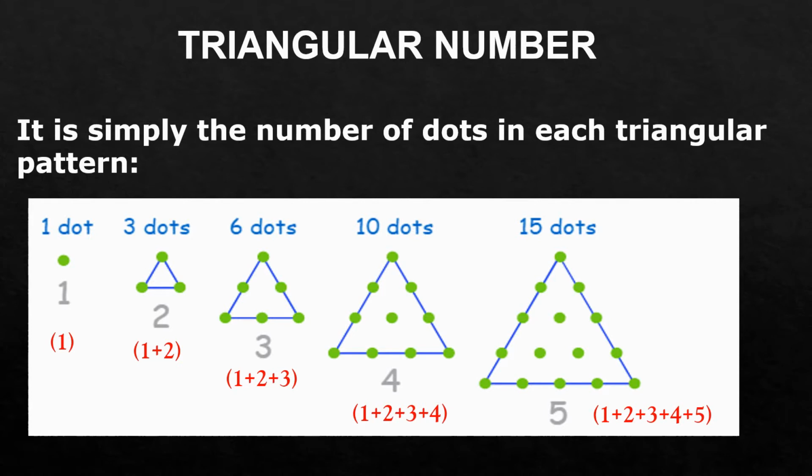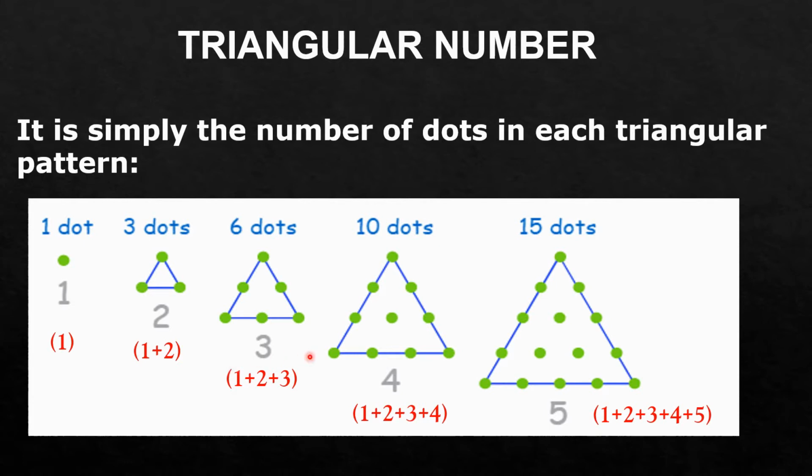Here you can see the second triangle has another row with two extra dots, making 1 plus 2, that is equal to 3.